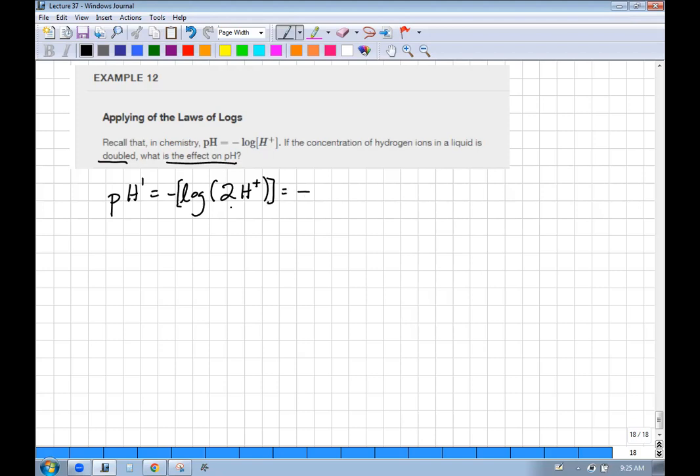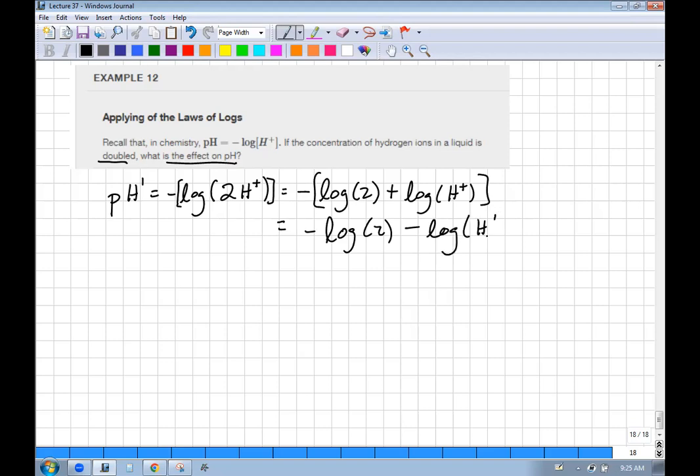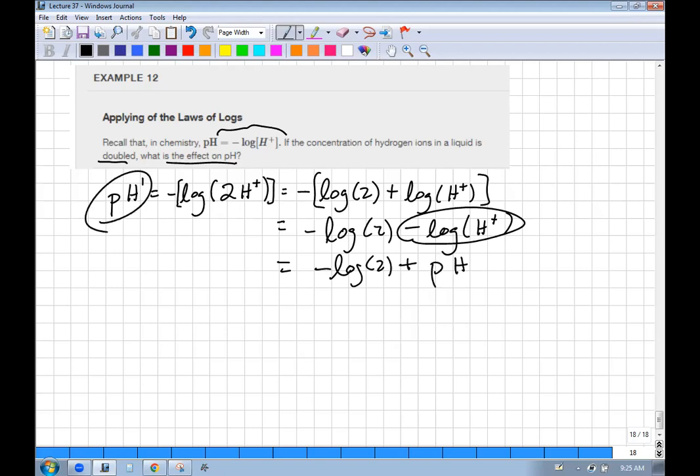Negative, this would be log of 2 plus log of H plus, which is negative log of 2 minus log of H plus. Well, this is my old pH. So my new pH is my old pH minus log base 2.